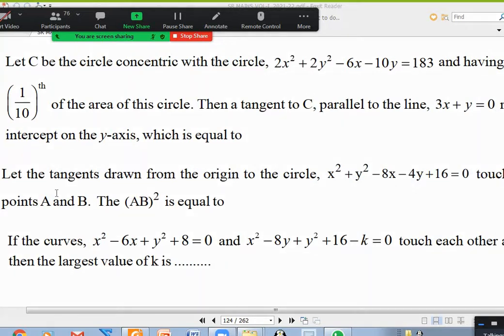No. 19. Okay. How to do 19? Anybody want to tell? All of you are able to hear me, right?